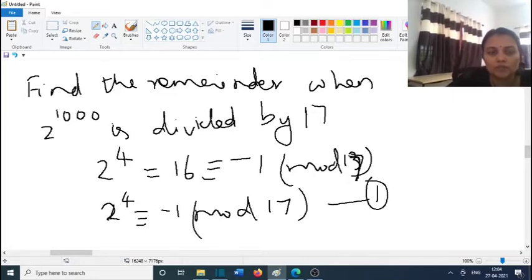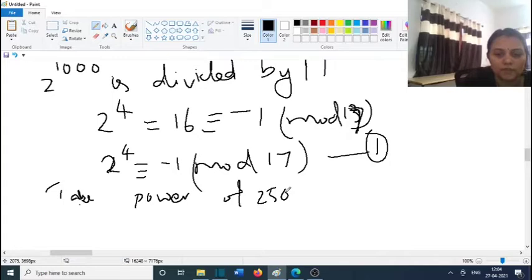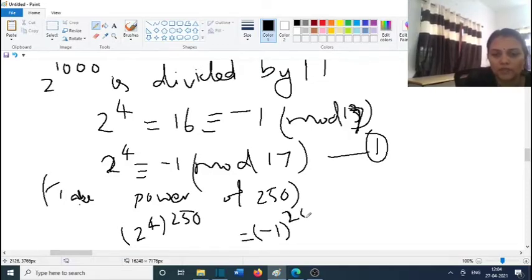Now we have to find the remainder when 2 raised to 1000 is divided by 17. So take power of 250. So 2 raised to 4 raised to 250 is congruent to minus 1 raised to 250 mod 17.